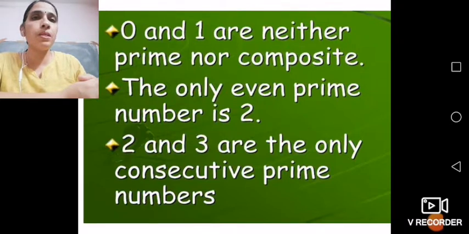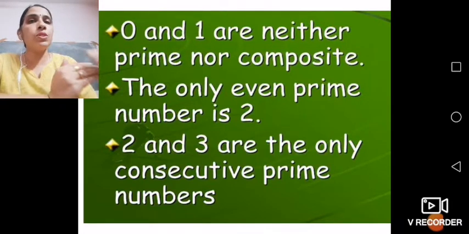The first property, the only even prime number is 2, which I have told you just now. 2 and 3 are the only consecutive prime numbers. What do consecutive prime numbers mean? Which come one after the other.